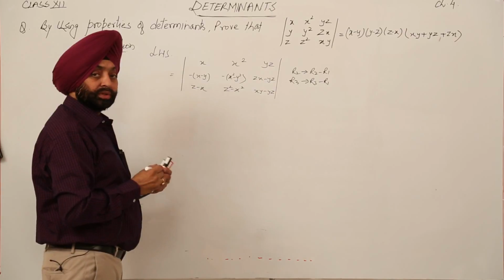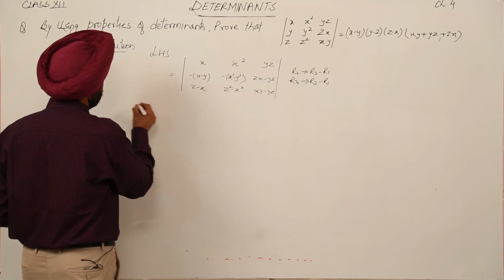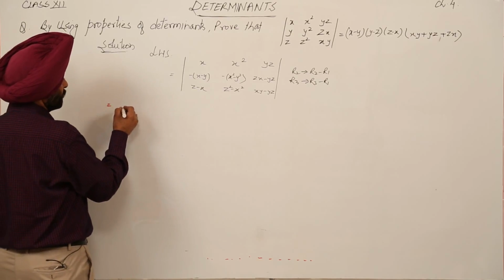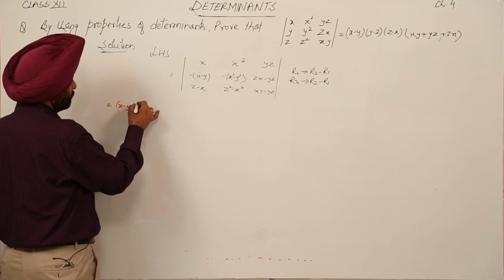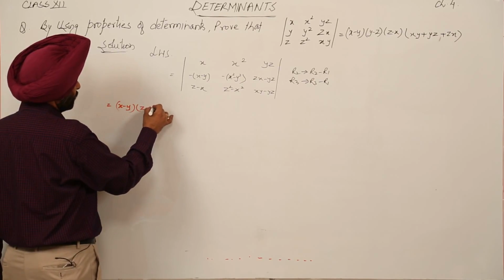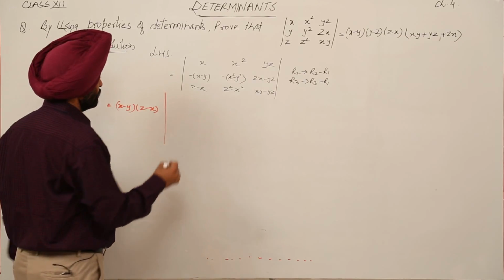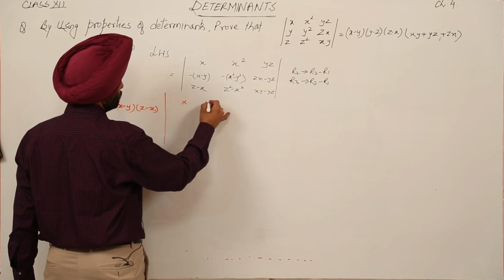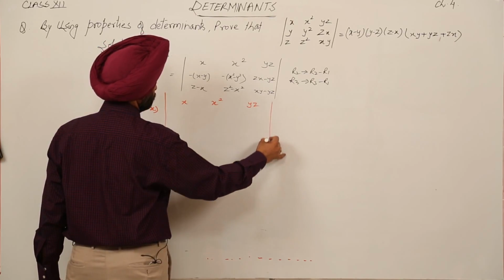Okay, so the first type of operation I have used. Now I am taking x minus y and z minus x common from R2 and R3. So I got here x, x square, yz.